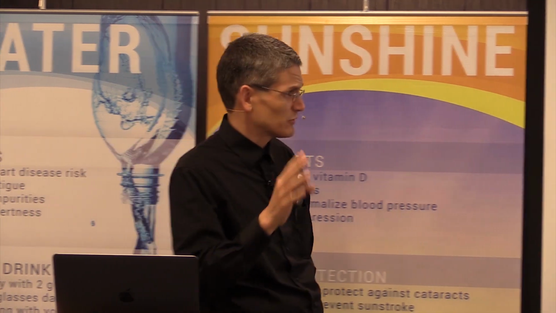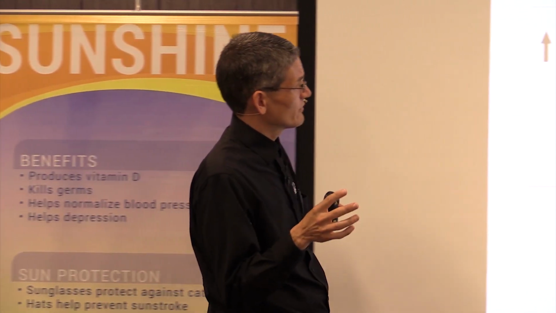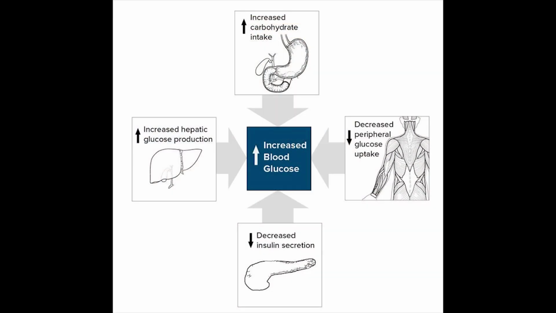So what happens in type 2? Well, in type 2, you have a number of things that are coming together. First of all, you have increased carbohydrate intake, and it's not talking about good carbohydrates, it's talking about bad carbohydrates.